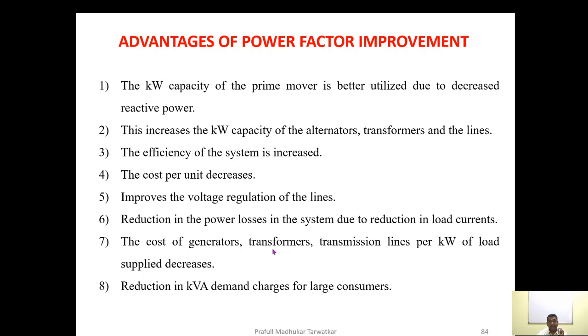Cost of generator, transformer, transmission line per kW of load will get decreased. There is a reduction in kVA demand charges of large consumers. If the required kVA is less for the large consumer, then their demand charges also get reduced. So these are the listed advantages of having an improved power factor.